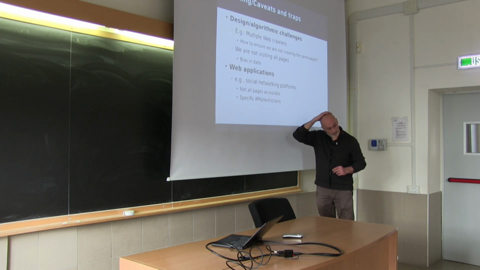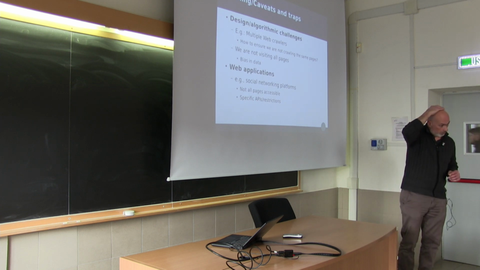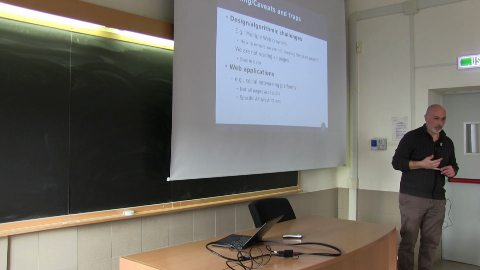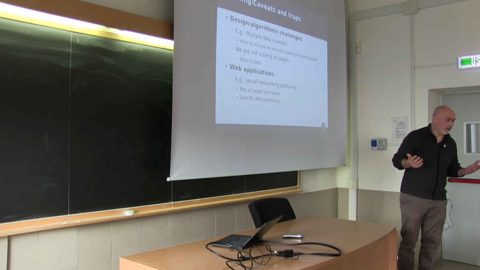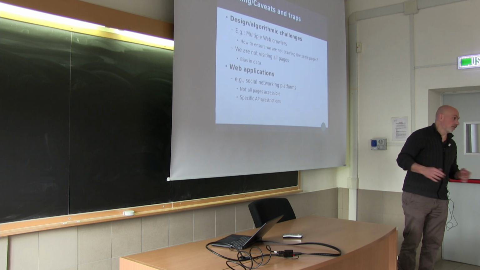Now, web applications. This poses a challenge for crawling because perhaps you know already. Have you ever tried to download web pages from Twitter or Facebook for some reason? You can. There are APIs to download pages taken from Facebook or Twitter, let's say accounts, usernames or tags. But there are restrictions.